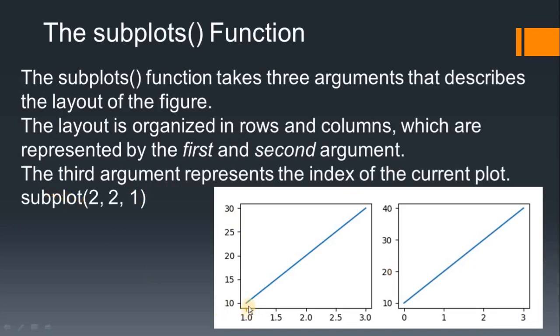First value 2 means the number of rows and second value 2 means the number of columns, so this figure will look like a square. If you use different values it will look like a rectangle. I want to show the square form, so that's why I put the same value. So your graph will look proper in the square format.